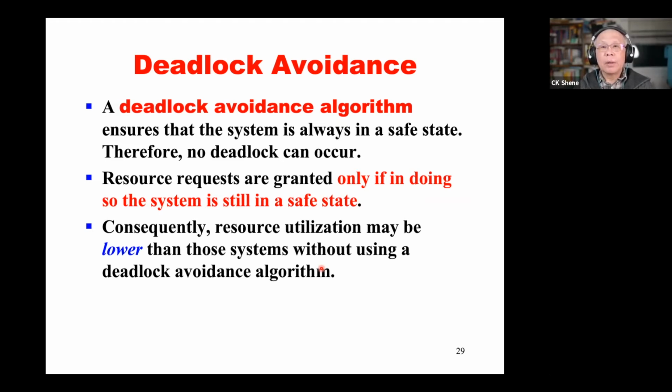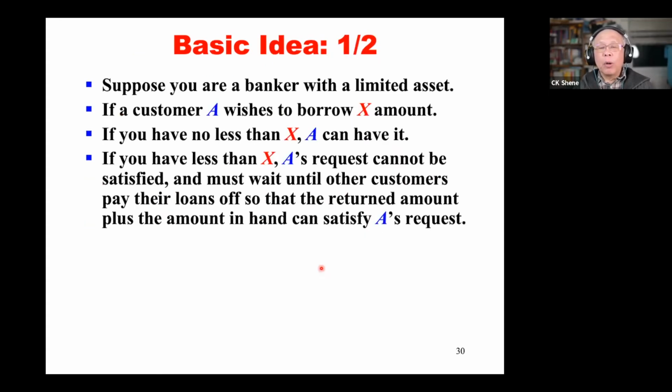Surprisingly enough, the algorithm is very simple. Before we can go for the algorithm, let's take a look at the idea of banker's algorithm. Suppose you are a banker with a limited amount of money currently in your hand.